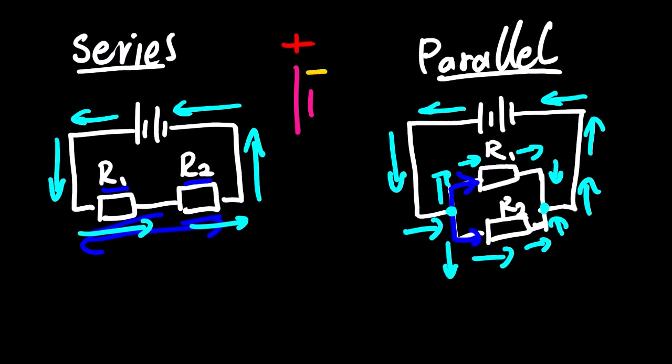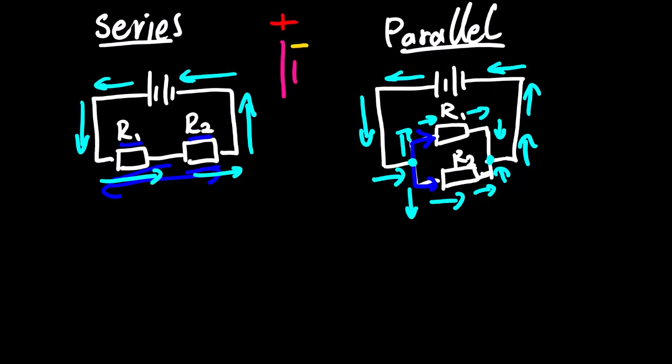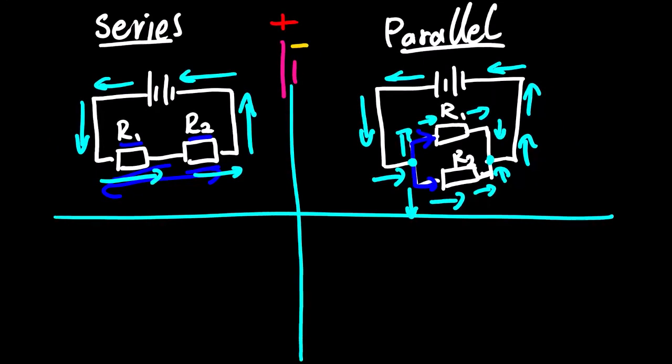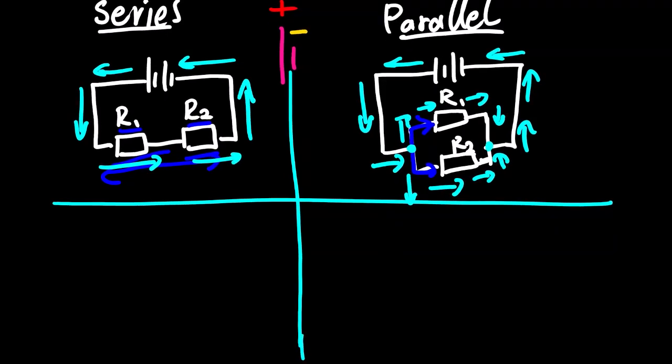Let us quickly discuss the equations. Simply write these equations, and then we are going to look at the application of these equations. Under series connection, you should know that V total means the total voltage produced by this power supply.